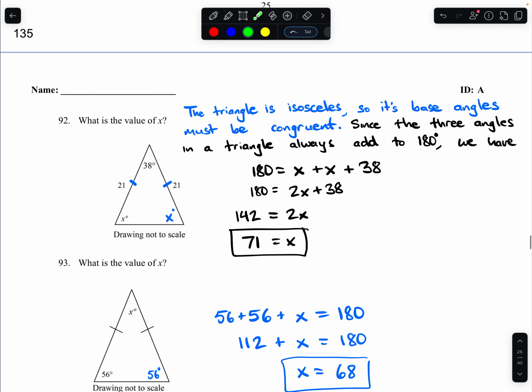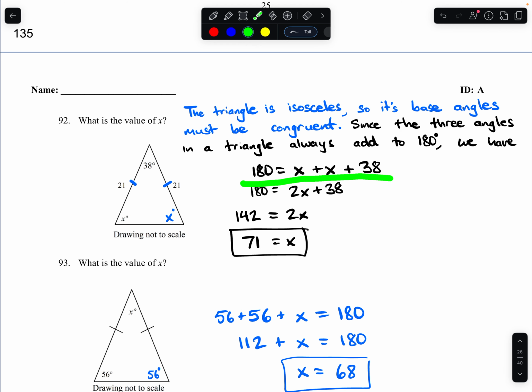Number 92. The triangle is isosceles because it has two sides with the same length. But we know from the isosceles triangle theorem that the base angles have to be congruent in any isosceles triangle. So we're going to say that, well, if this angle is x, then this angle is also x.